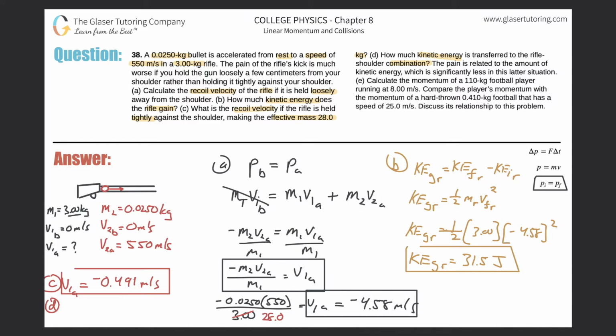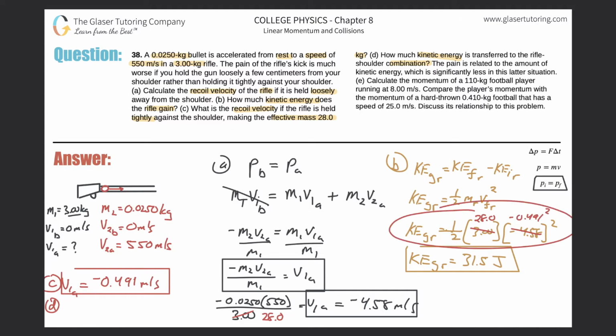All right, so two things have changed. The mass is not only the mass of the rifle anymore, now it's the mass of the rifle shoulder combination. So instead of it being 3, the operative mass here will be 28. And the velocity is no longer 4.58. It is now going to be -0.491. Don't forget to square that.